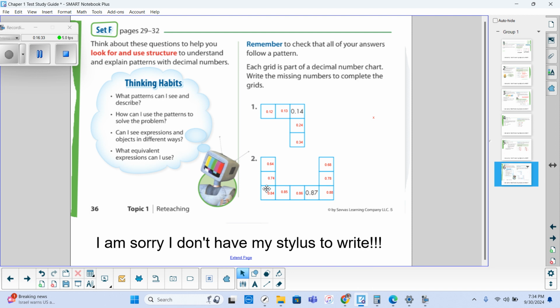Now you may notice a little pattern here. In the tenths place, I have 6, 7, 8. I have 6, 7, 8. In the ones place, here's all fours, 5, 6, 7, and in the hundredths place, I have 8s here.